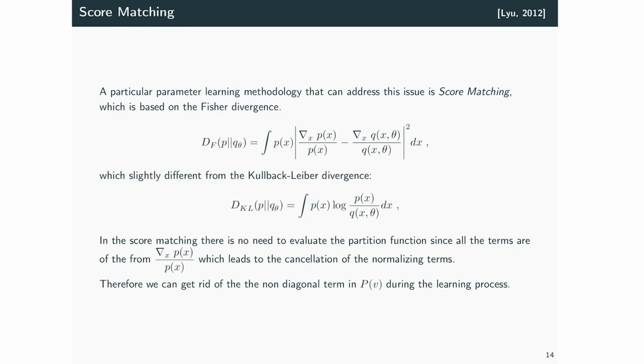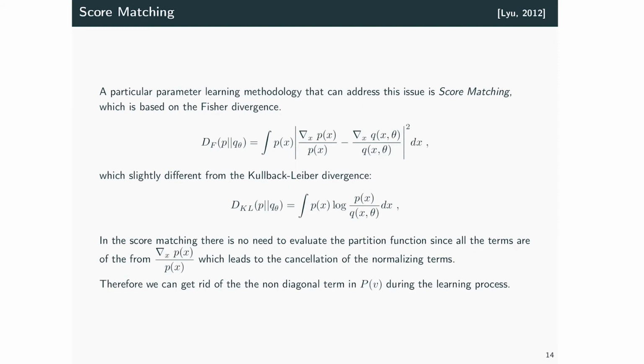I mean, usually everyone is using the Kullback-Leibler divergence or another divergence, but in this case, we can see that here we have this squared difference between the normalized gradients, and since we are dealing with the normalized gradients, we can already see how all these normalizing terms will cancel, because we have this probability at the denominator here.